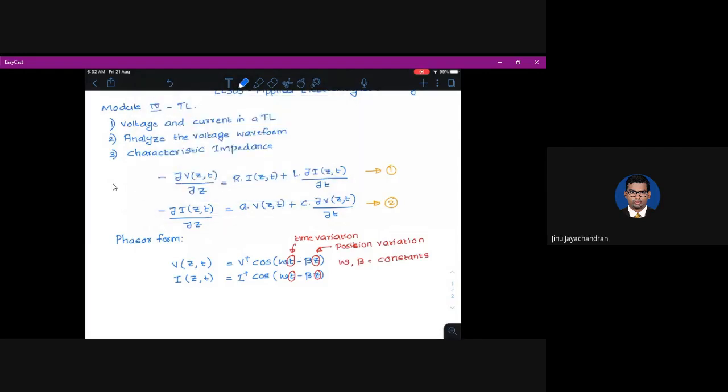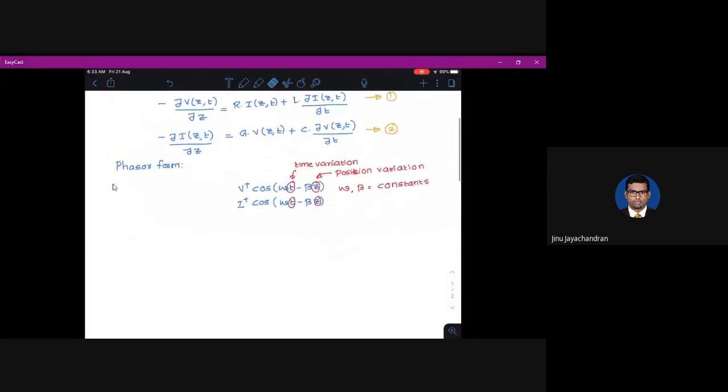If I put this directly in the equation, like if you want to solve it something like this, then I won't say this directly as v of z comma t or I of z comma t. I would say these are the waveforms which are traveling in the transmission line. Okay.